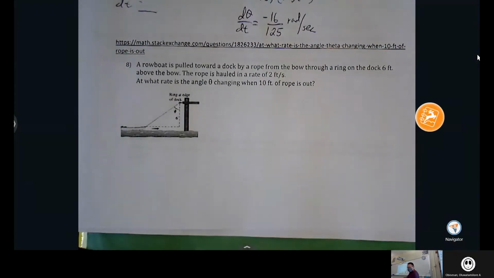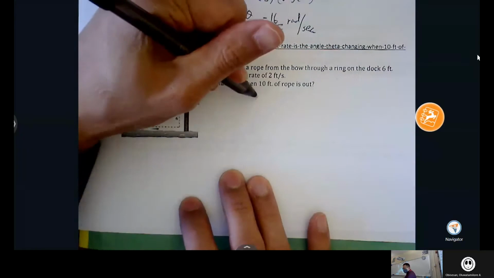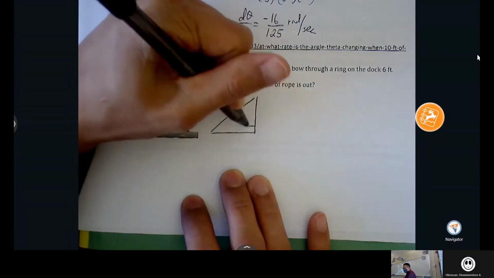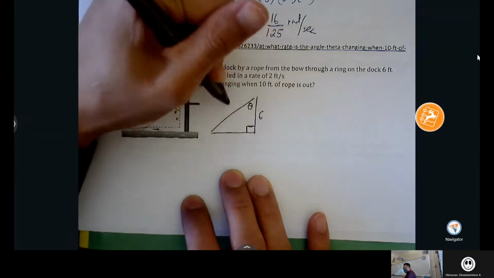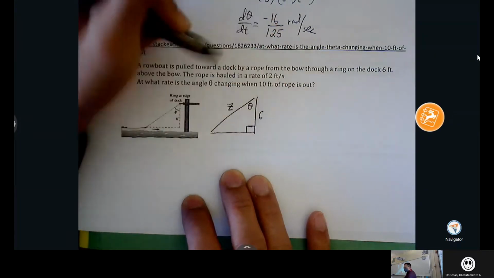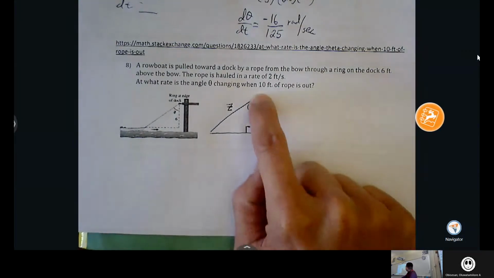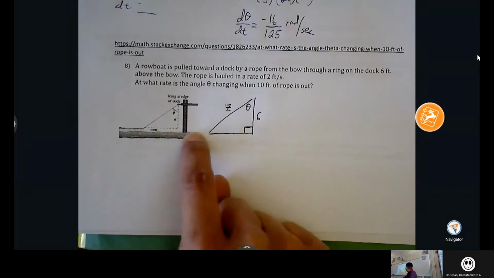So we have a rowboat pulled towards the dock. So here's our starting point. The boat is always going to be 6 feet below the dock. The rope is here. The rope is pulling the boat closer towards the dock.